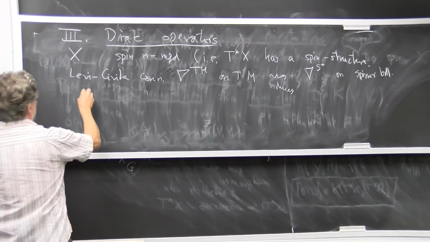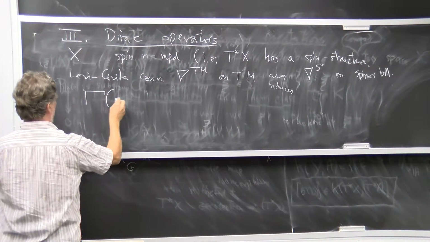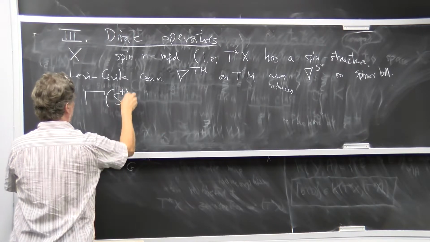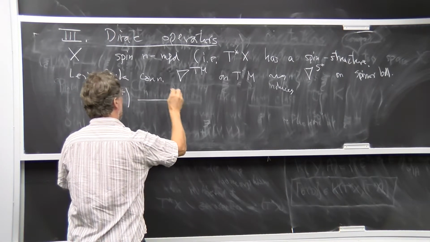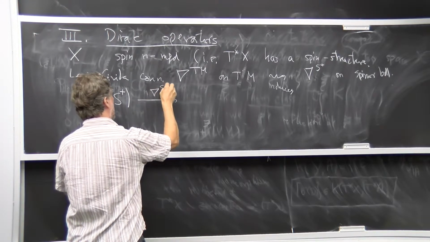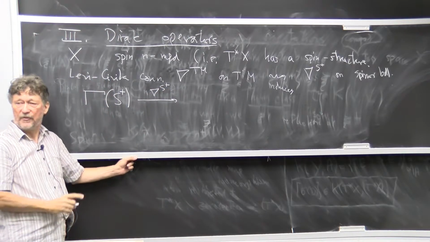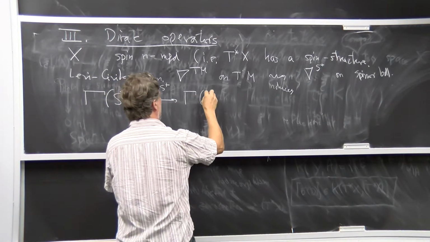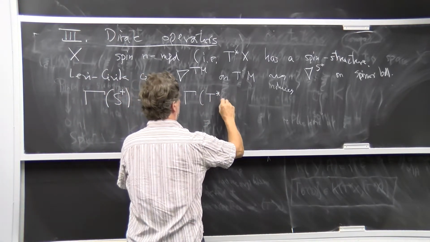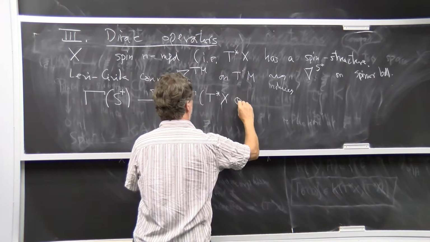Okay, well, then you can do the following. So take the sections of your plus spinor bundle. Then you have a connection on that. So what is a connection? Well, one way to think of a connection on a vector bundle, it's a map from the sections of the vector bundle to the sections of the cotangent bundle tensor the original vector bundle.